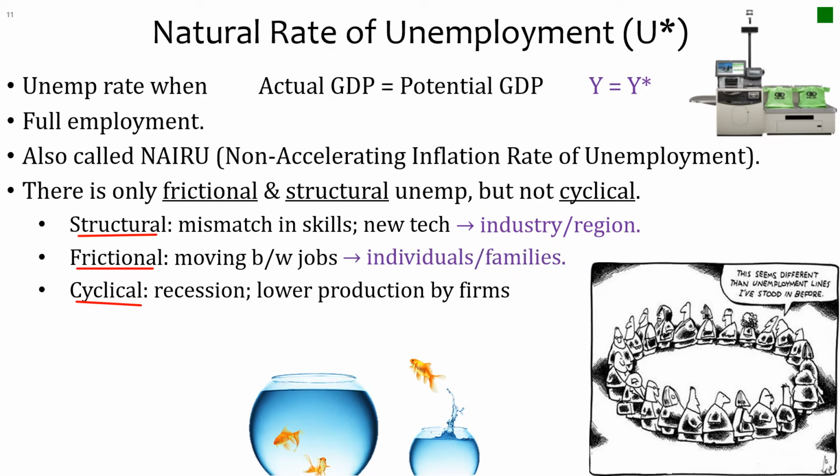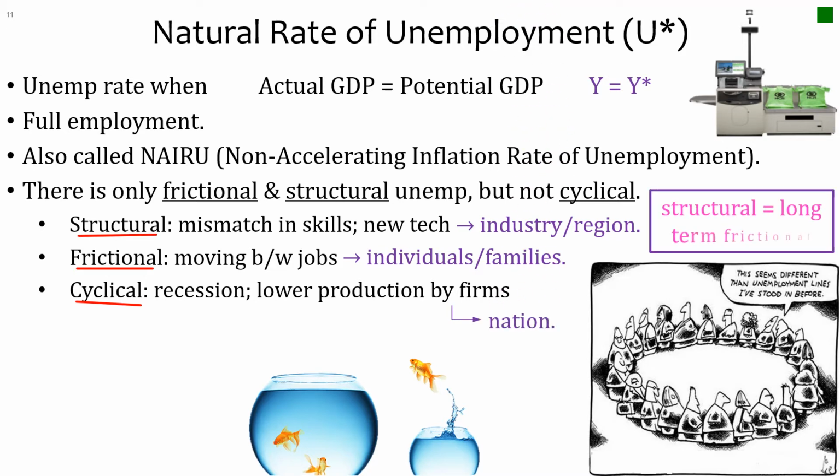Frictional affects one individual or one family, so it's an even smaller scale. And cyclical affects the whole nation. Structural is really long-term frictional unemployment. They're really the same in nature, but one of them is more systematic. Structural is more systematic and takes longer to adjust. In the case of structural unemployment, people have to be retrained and reskilled for a new position.